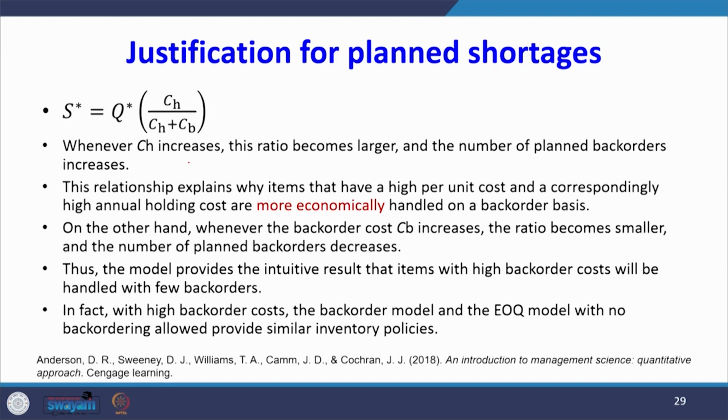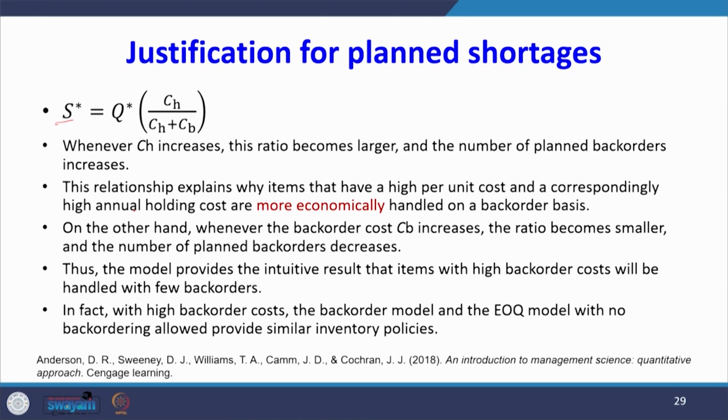So, for costly items, where the value of the items is very high, for example, cars, if the holding cost is high, it is better to go for more shortages. This expression says that because CH is in the numerator, when the holding cost increases, we should go for more shortages.